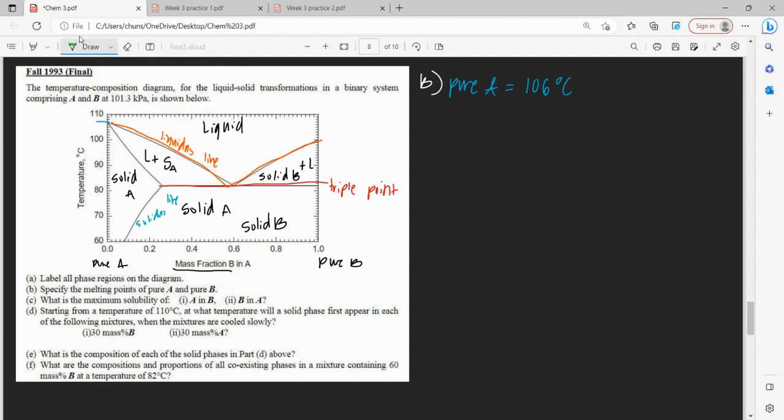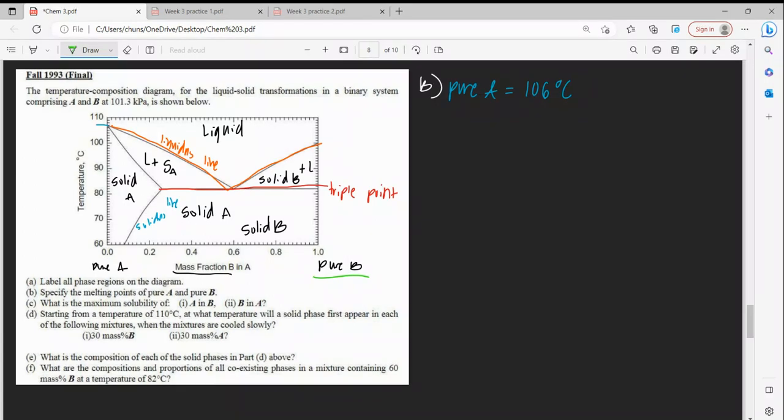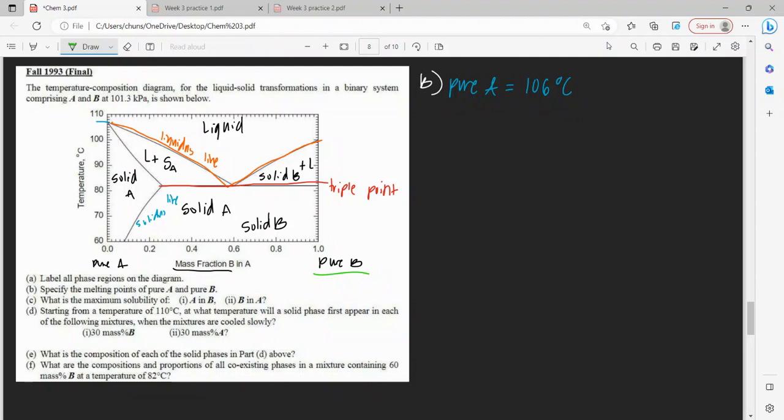And then for our B component, we want to find where it intersects our temperature axis. So that would be this region here. And that's about, let's just round up to here, that's about 100.